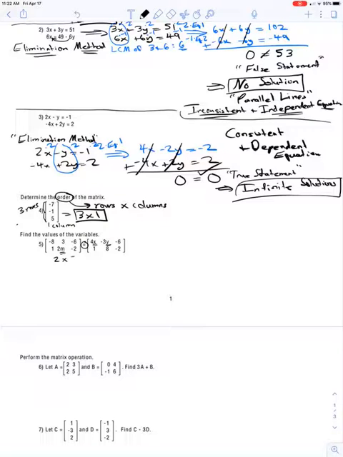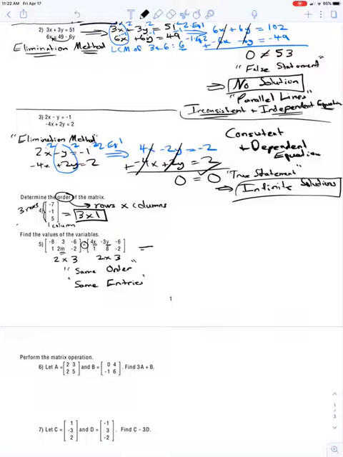They have 2 rows with 3 columns in both of these matrices. These are both 2 by 3 matrices, so they have the same order. And then we've got to have the same entries to be equal. So let's go ahead and do that: same order and the same entries.